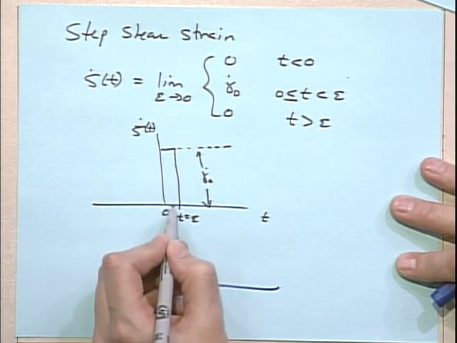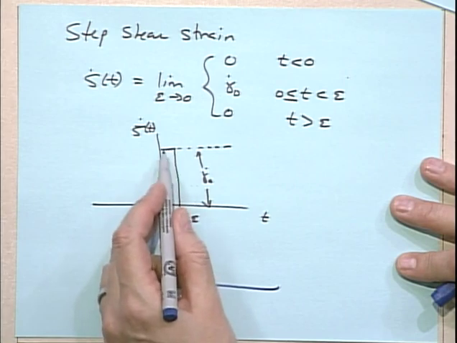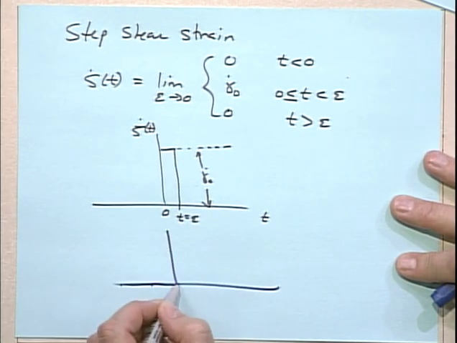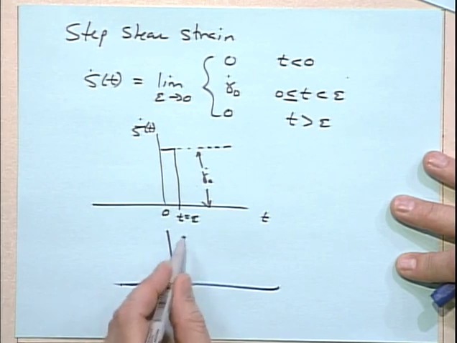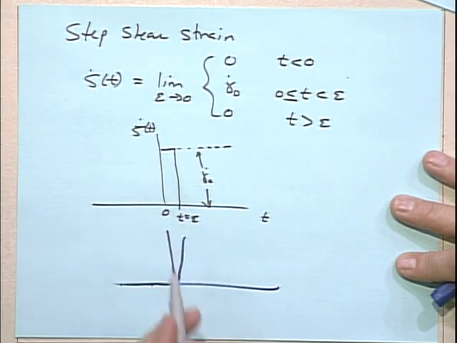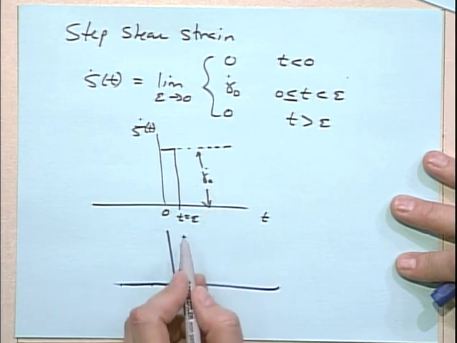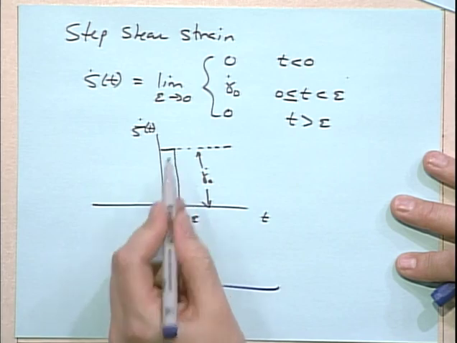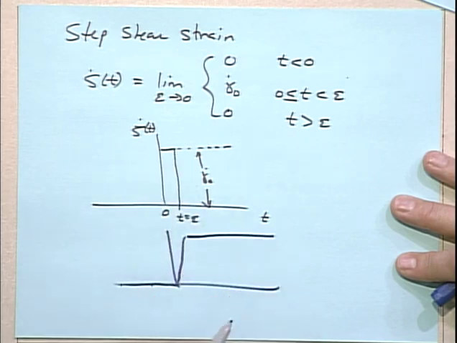When I'm in this region where we are shearing, the strain is going to be linearly increasing with time because we're shearing at a constant rate. The slope is going to be the gamma dot. And then once I stop shearing, again, there's no more additional strain.